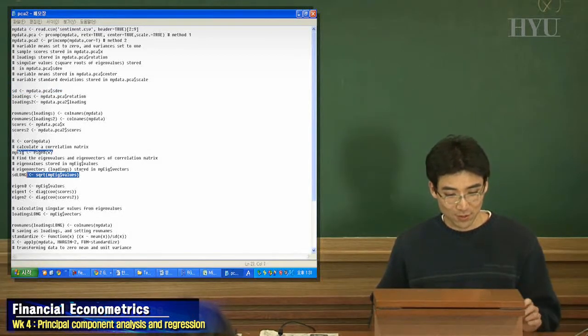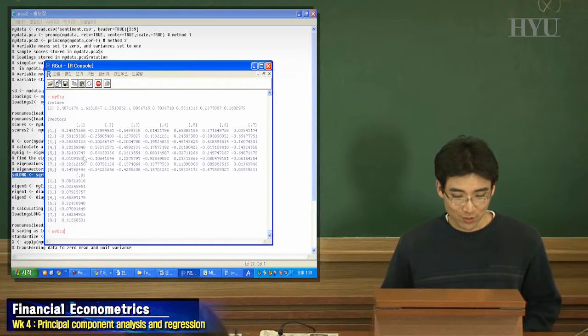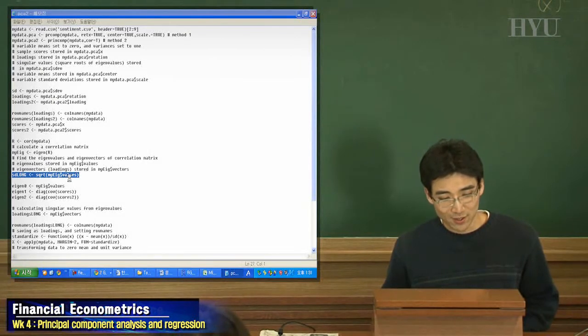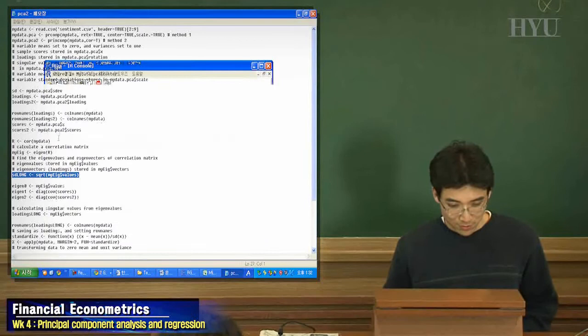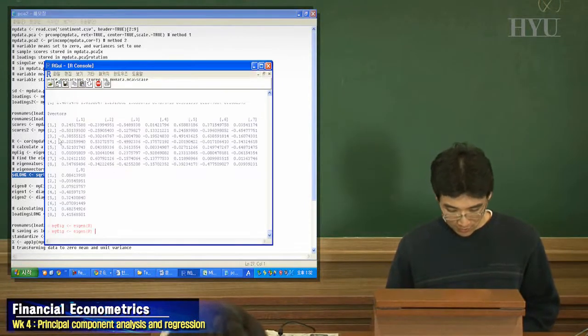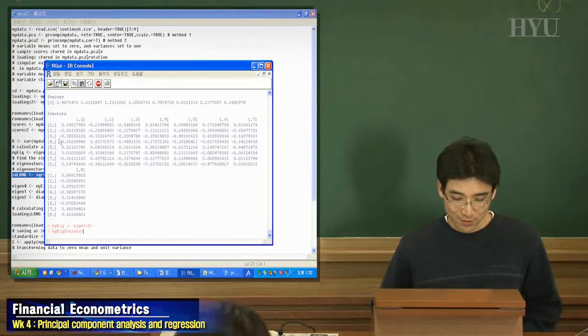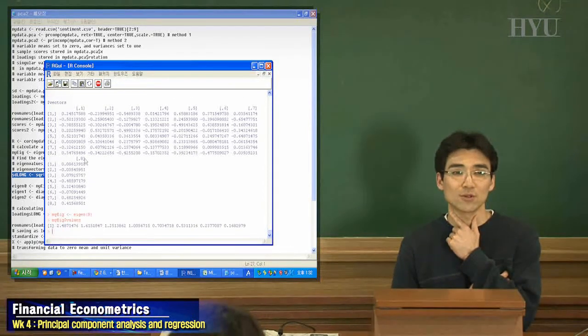So actually what I can do is basically this: my dollar values gives me the eigenvalues of the matrix.